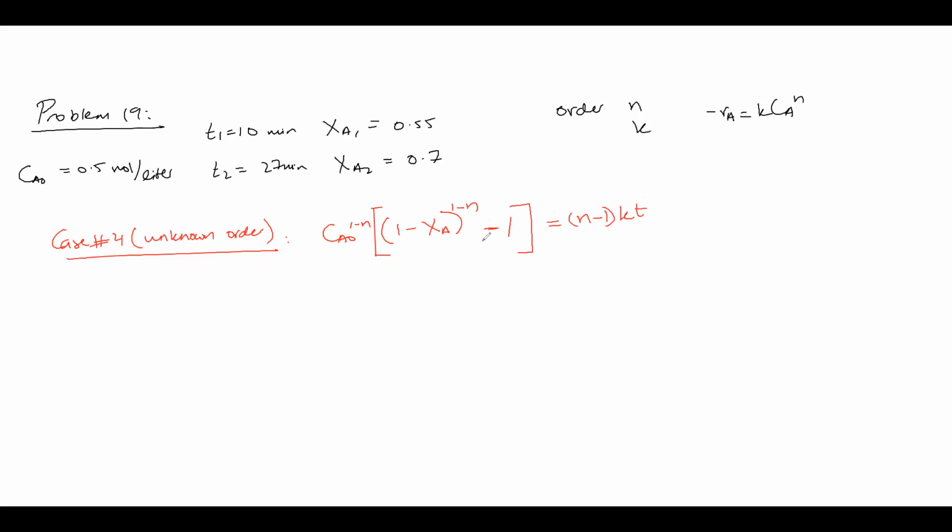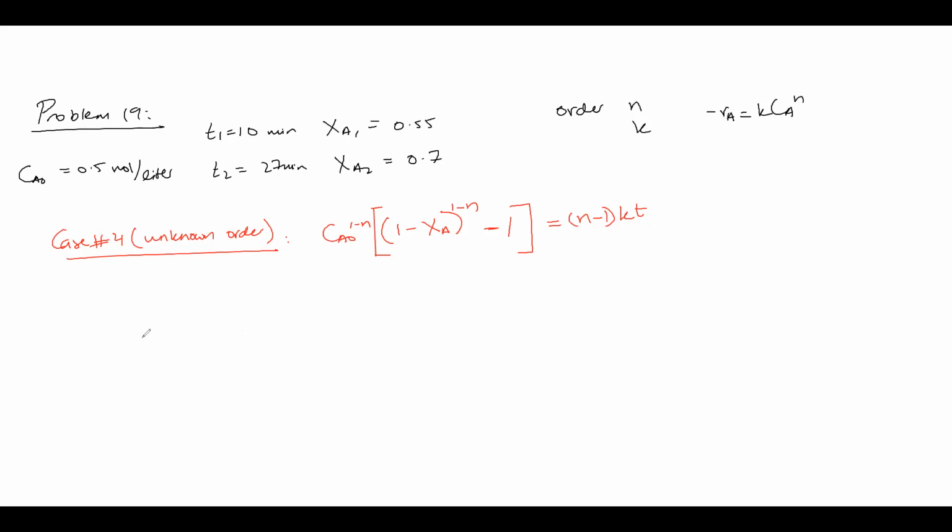This is the performance equation for this type of problem. And I have two sets of parameters for T and X, and I'm solving for two unknowns, N and K. So you can solve directly using two equations, two unknowns, if you want to, but what I'm going to do is solve for N directly by dividing the two cases. And then once I get N, I'm going to back solve for K.